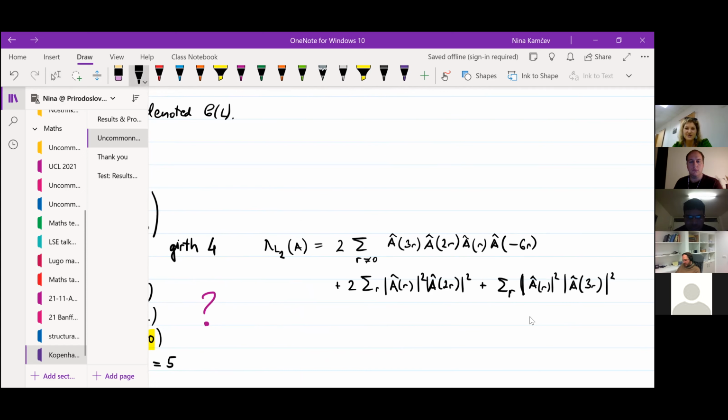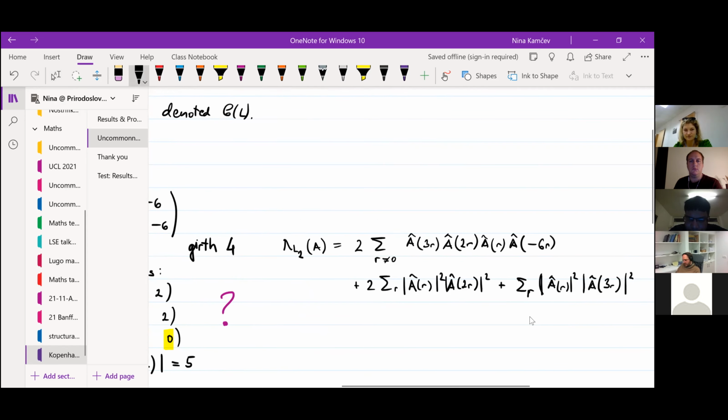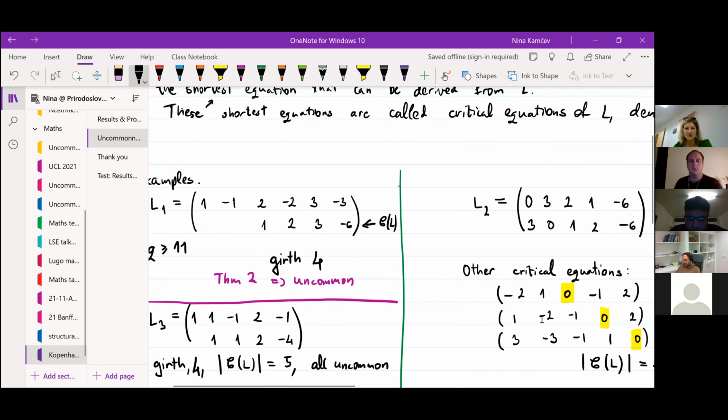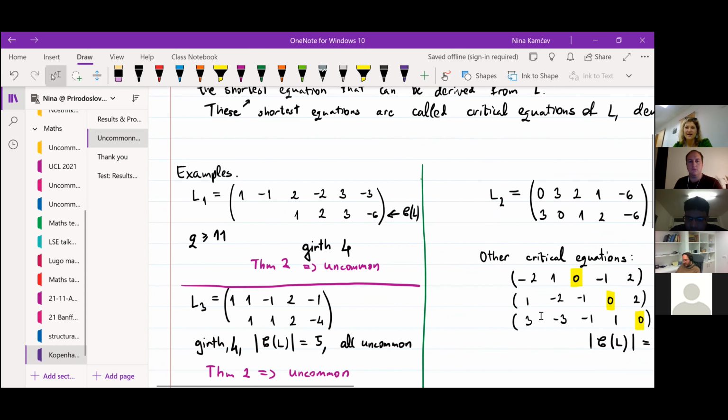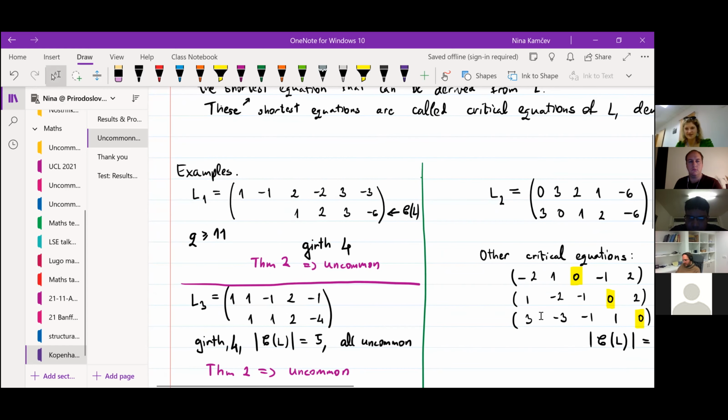And then you can apply Cauchy-Schwarz to show that these common critical equations actually beat the uncommon ones. But again, to me, that seems like quite a unique situation. But at least we know that not all the systems are uncommon. Okay, so that's one example with mixed critical equations.